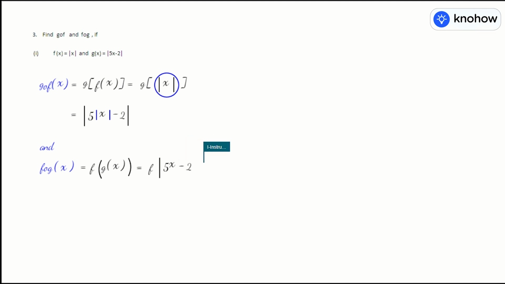And what is f of x? f of x is mod x. So it will be modulus of 5x minus 2. And do you know that modulus of a modulus remains the same? So finally you get FOG of x as simply mod of 5x minus 2. So this is this part.